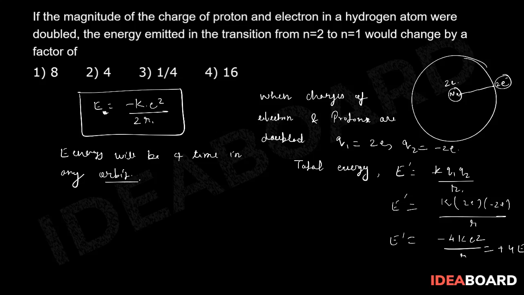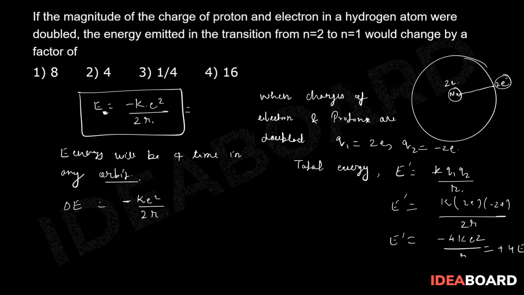That means I know that change in energy in case number 1, delta E is equal to minus k e square upon 2r.